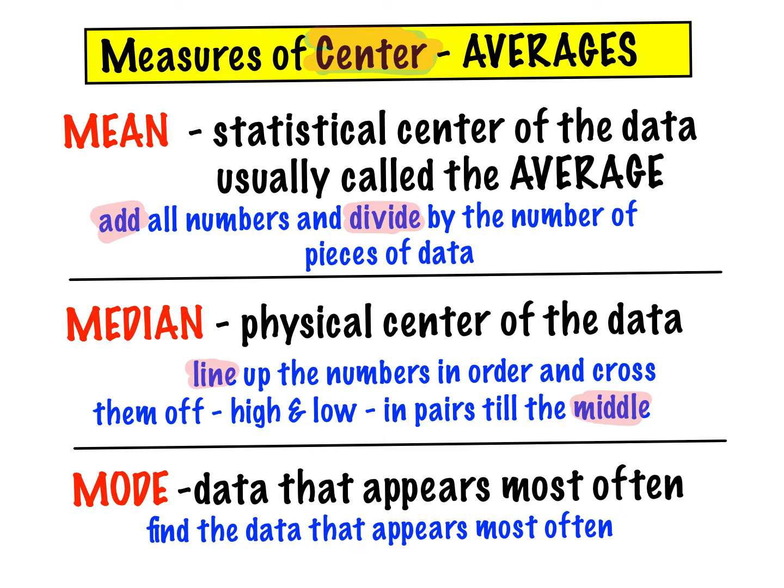And those repeats get listed every time it happened. And then once you have the whole list of them in order, you're going to cross one off from each end, a low and a high, a low and a high, a low and a high, until you get to the exact middle number. That middle number is your median, another type of average. Now we're going to do examples of these next week. We're just getting them defined today.